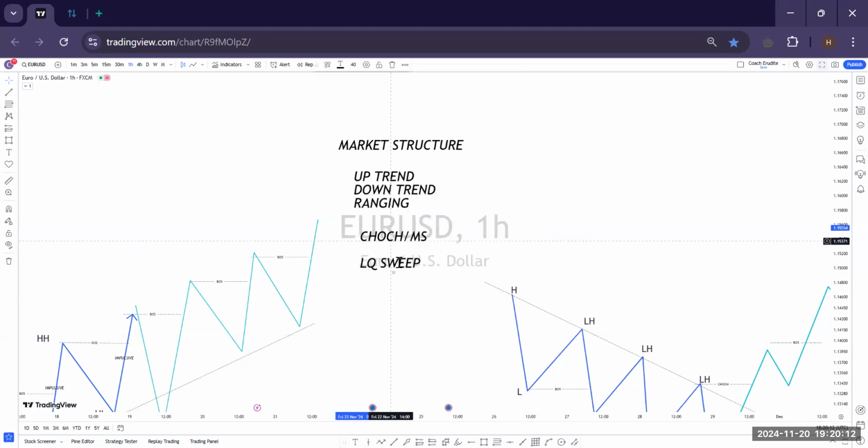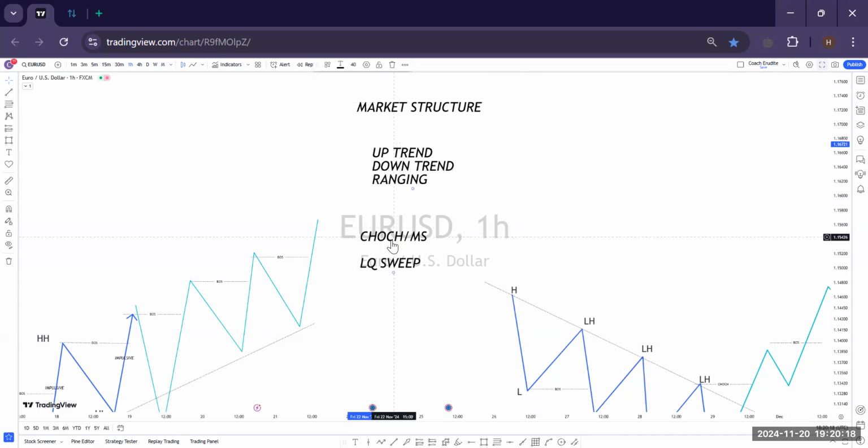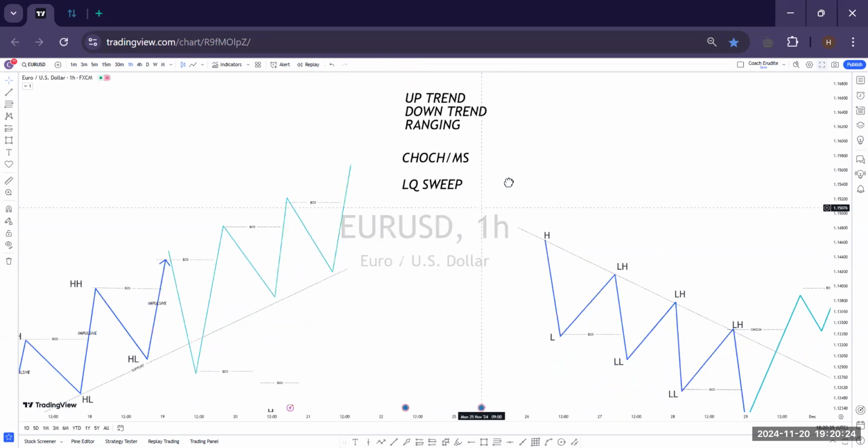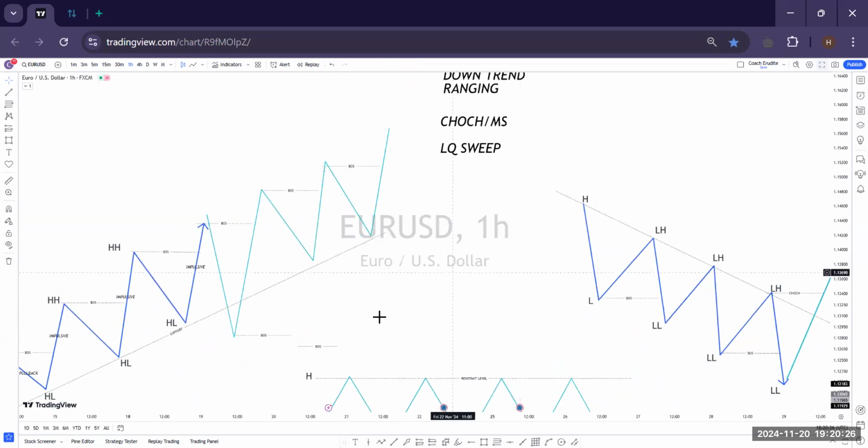We look at what we call a change of character and liquidity sweep. All right. A change of character and liquidity sweep. Now, let's talk about, okay, change of character first.